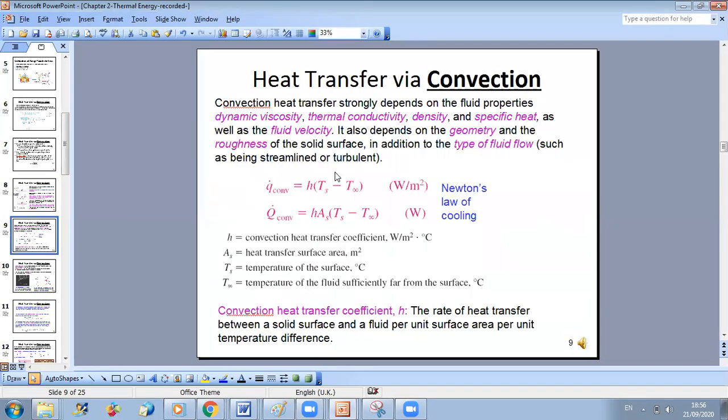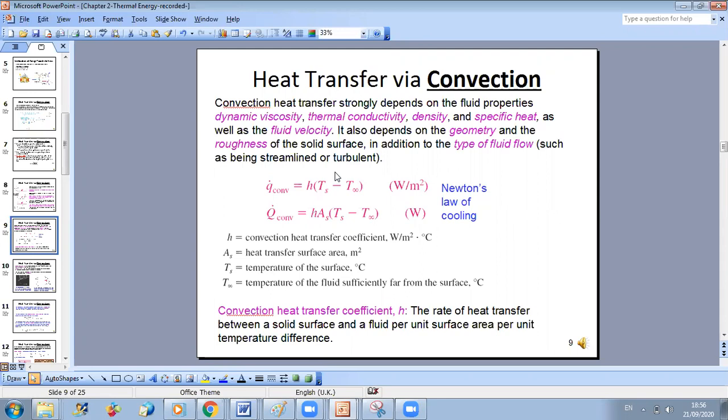Now, convective heat transfer depends on a lot of factors, including the fluid properties such as dynamic viscosity, thermal conductivity, density, specific heat, as well as the fluid velocity. In addition, it also depends on the geometry and the roughness of the solid surface, in addition to the type of the fluid flow. So if it's a turbulent or laminar flow, it will be different, okay?